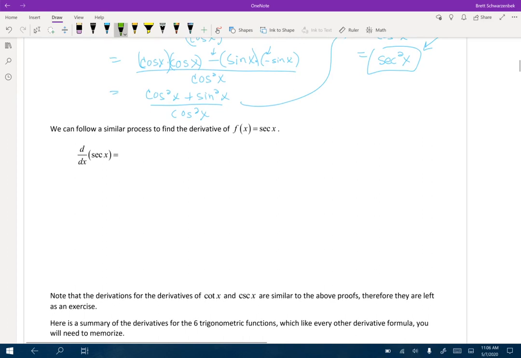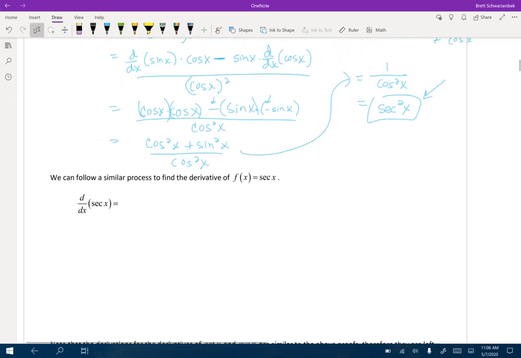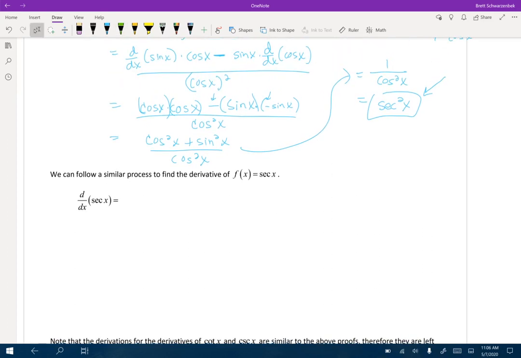So the derivative of secant, well, again, we don't know anything about secant directly, but we do know its relationship to cosine. We just talked about it right here. It's 1 over cosine. So if you look at this closely, we again have a quotient, which means we can go ahead and use the quotient rule in order to derive this function.